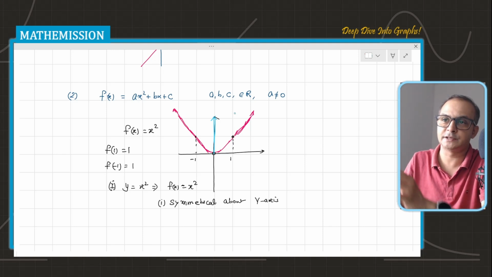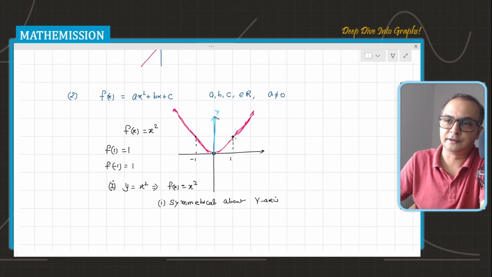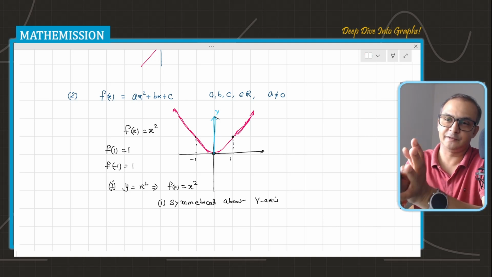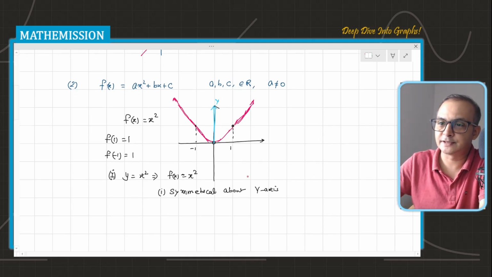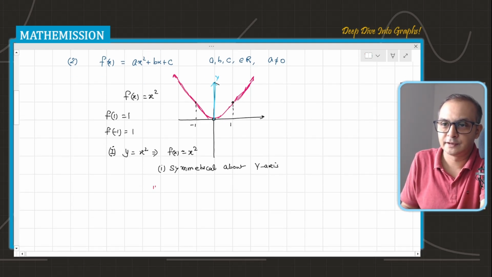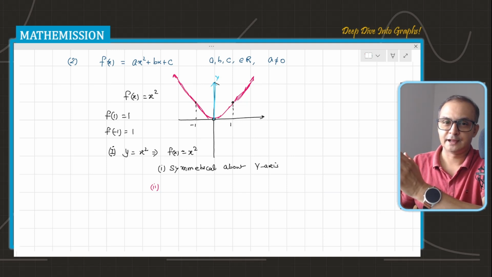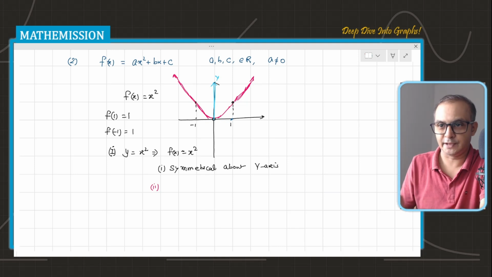It means the y-axis is acting as a mirror, and the right part is just like the left part. The other way to think about this symmetry is, suppose I'm going towards the right from the origin, let's say 1 unit, and whatever height we get at 1, the same height we get if we go backward from the y-axis.